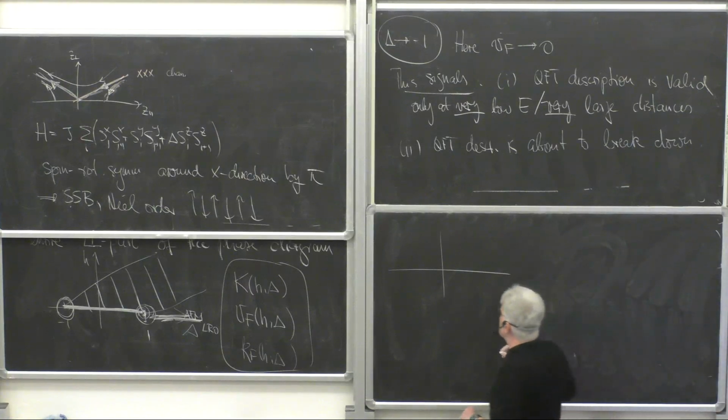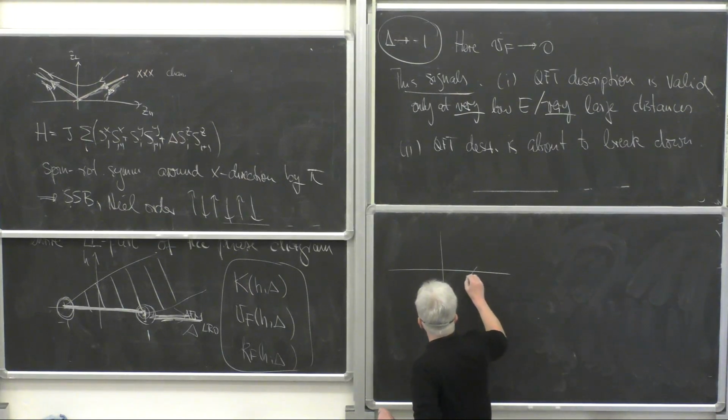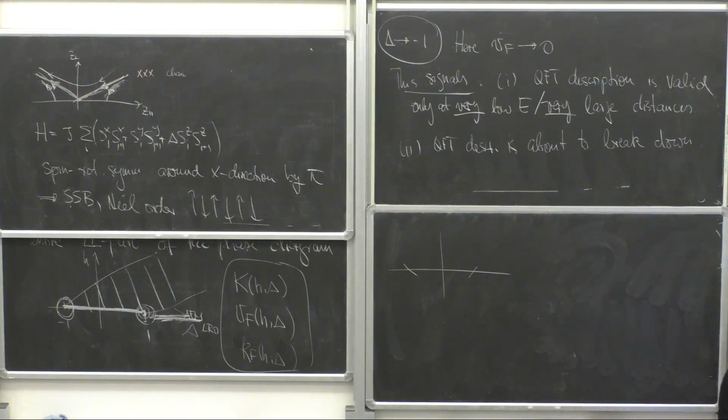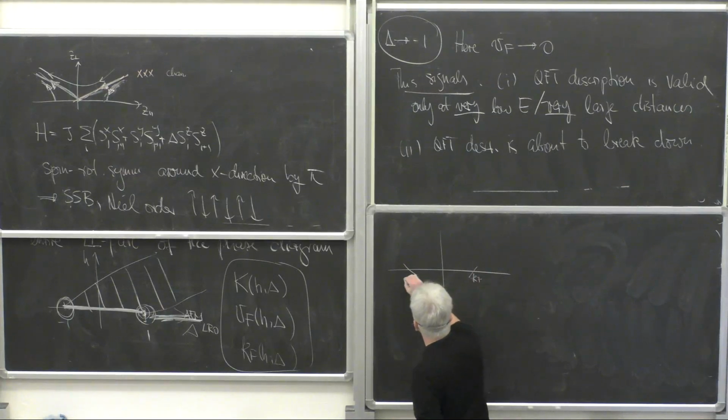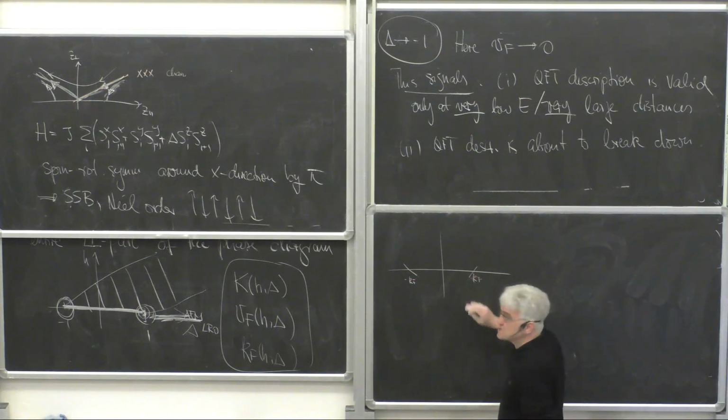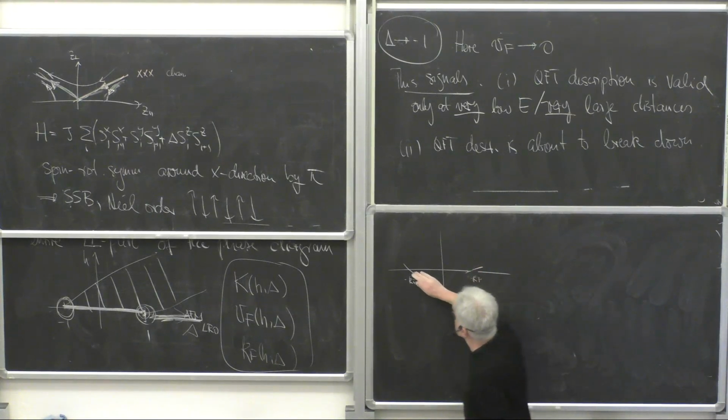Let's start by looking at the fermion model. There we had kF and minus kF. Now if I have a small velocity, it means that I have something like this.